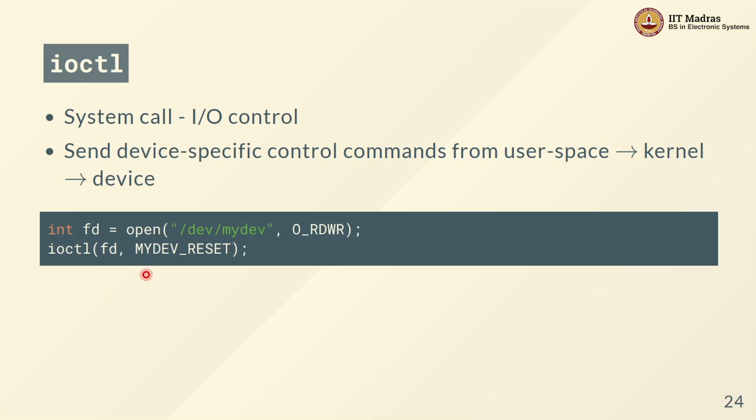The driver now sees that an IO control was called. It sees the nature of the IO control and decides what needs to be done, right? So this essentially is used to provide certain extra functionality. IO controls can also be used on files, but primarily they're used more to interact with devices.